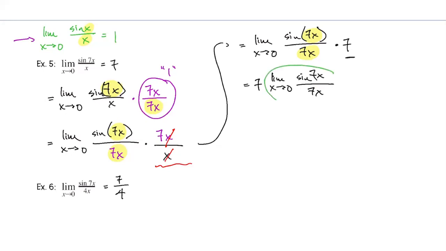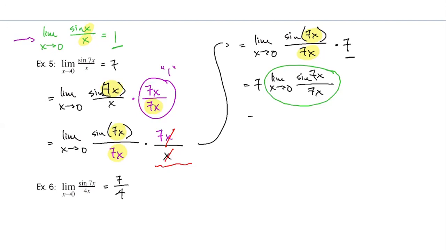Now, this limit, when I have sine of 7x over 7x, is the same thing as saying sine x over x, because I'm signing something and I have that same something in the denominator. So this whole limit is equal to 1.